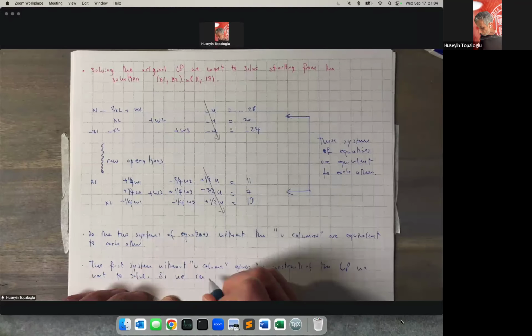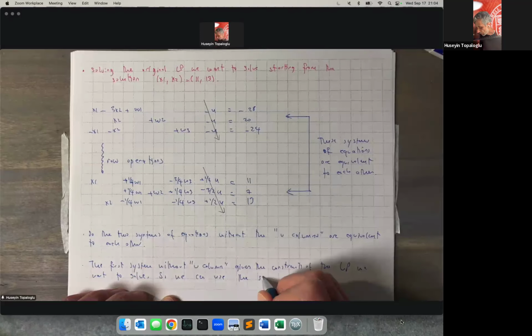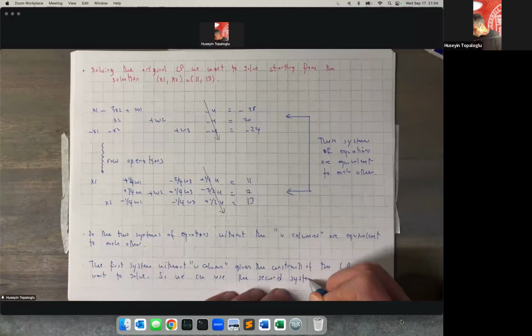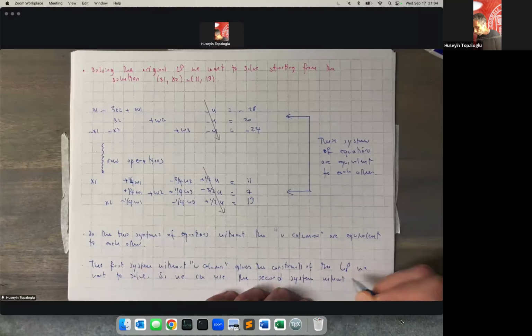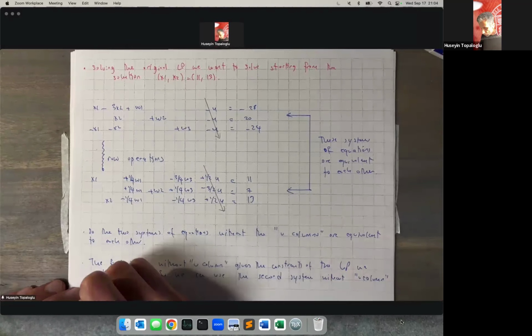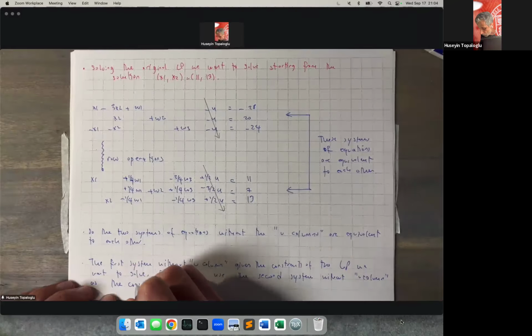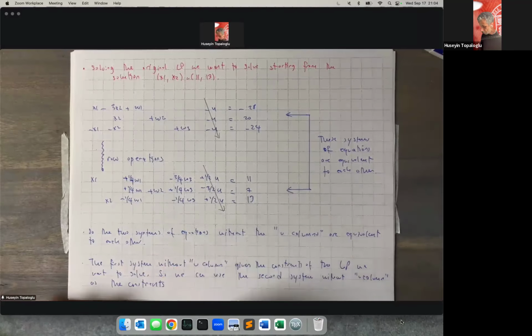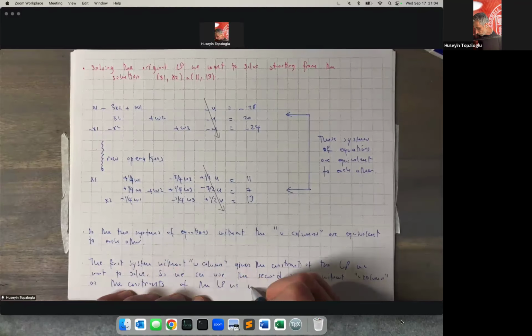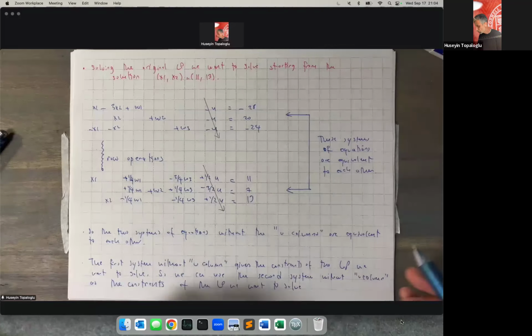So we can use the second system without the u column as the constraints of the LP we want to solve. So this is trick number two.